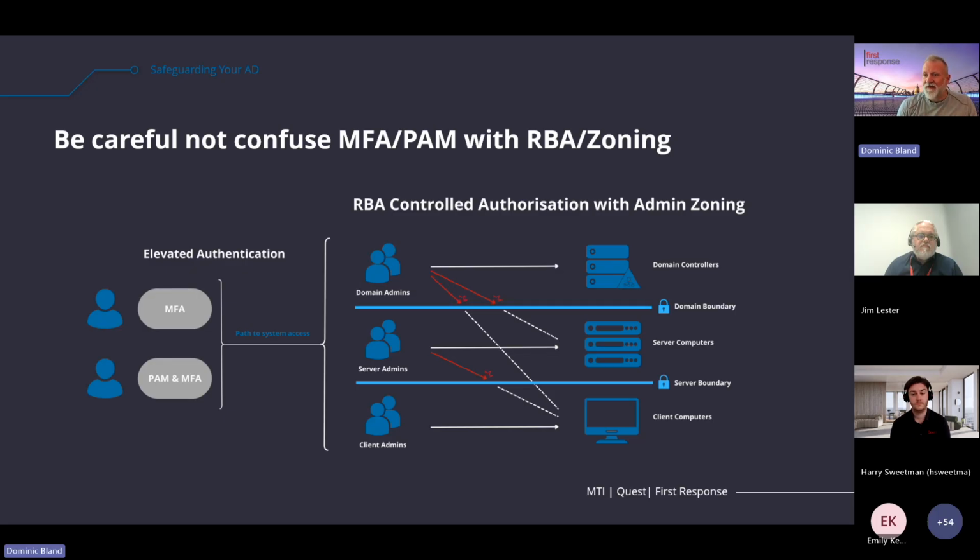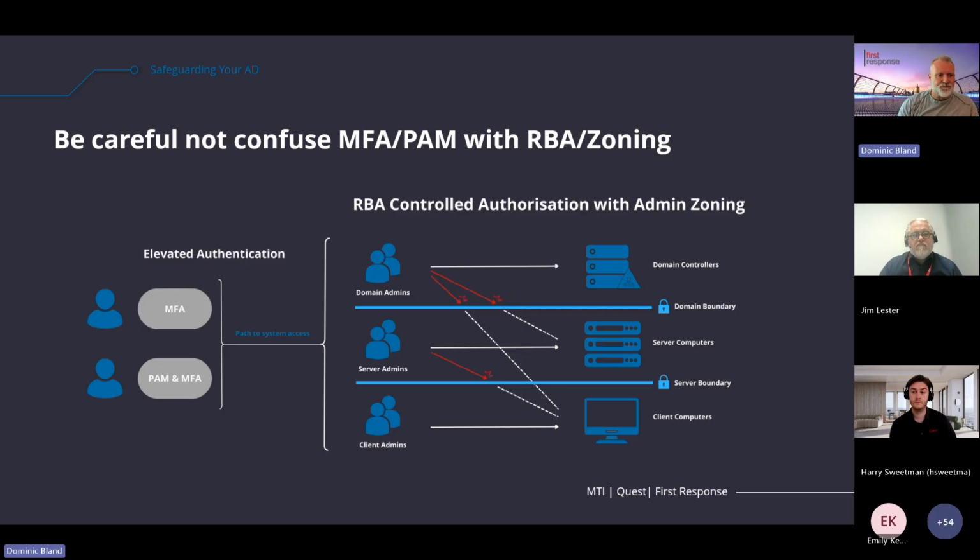And PAMs may have some authorization capabilities, but again, their strong point is focusing the login, session recording, centralizing audits, giving you bits and pieces of validation, but role-based authority with administrative zoning actually bakes that validation into the Active Directory itself. So even someone who can evade a PAM or evade MFA will still have an account that is zoned by the Active Directory in the Windows infrastructure natively. It's a very powerful layer of defense.